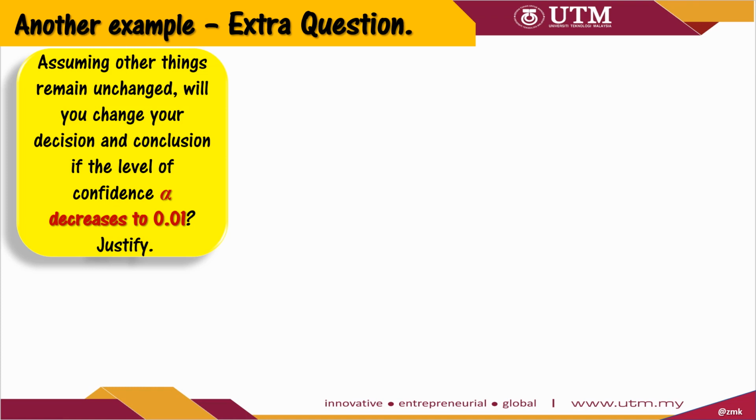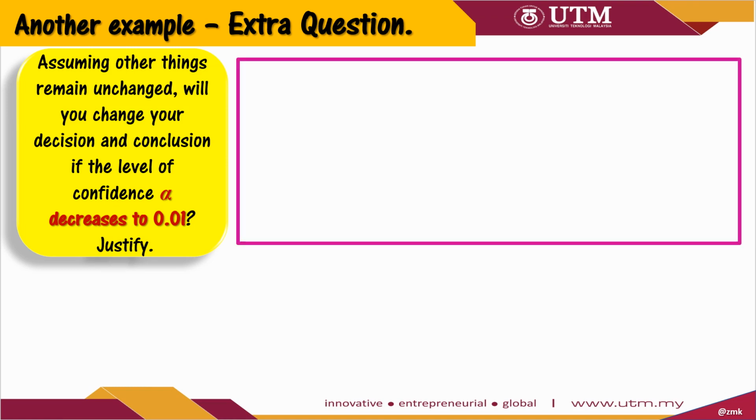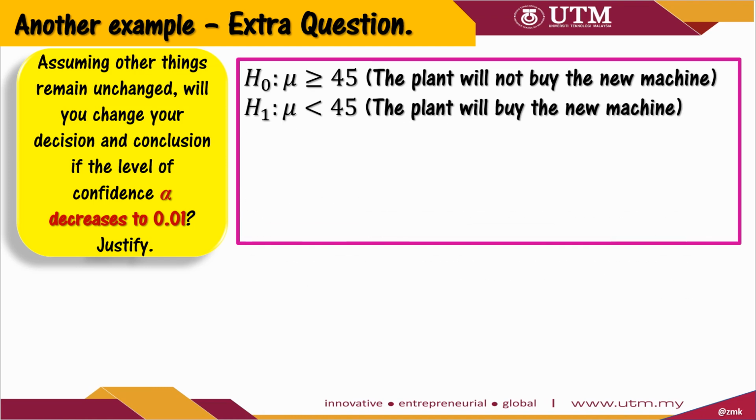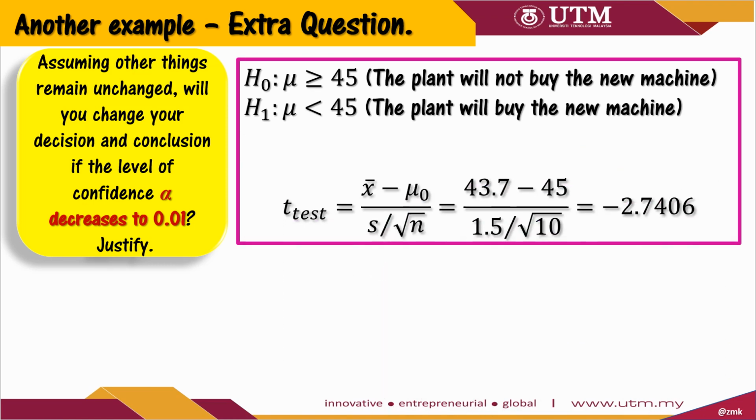Since other things remain unchanged, it means we still have the same null hypothesis H0 and the same alternative hypothesis H1, which is a left-sided alternative hypothesis. And we also have the same test statistic value, that is the t-test given by negative 2.7406.